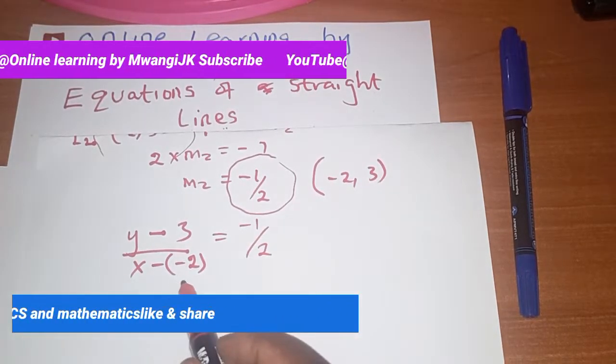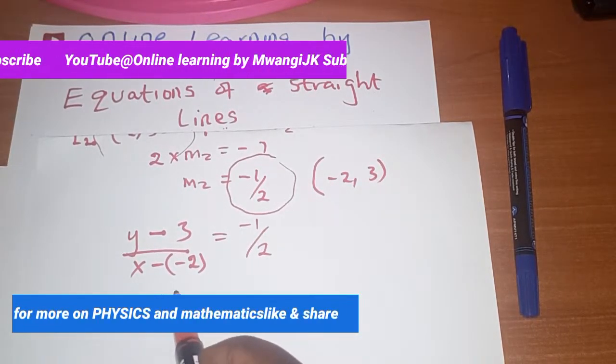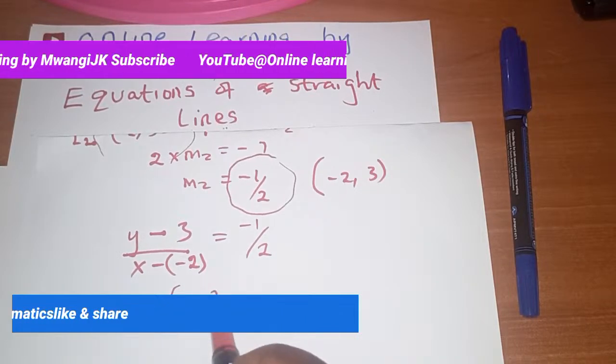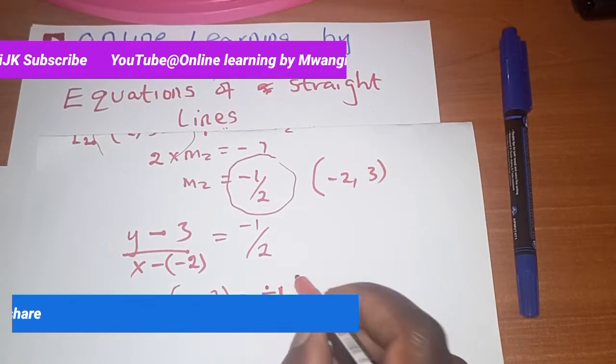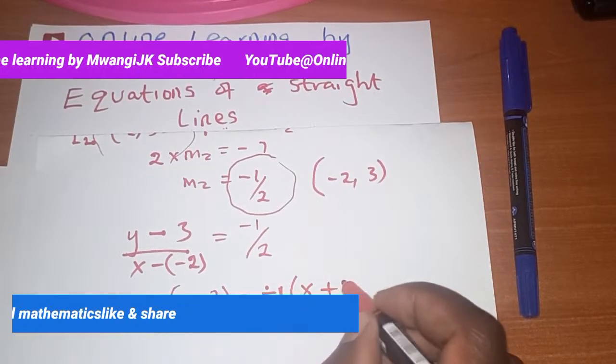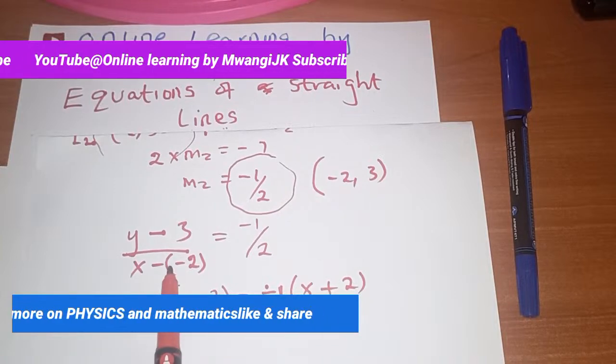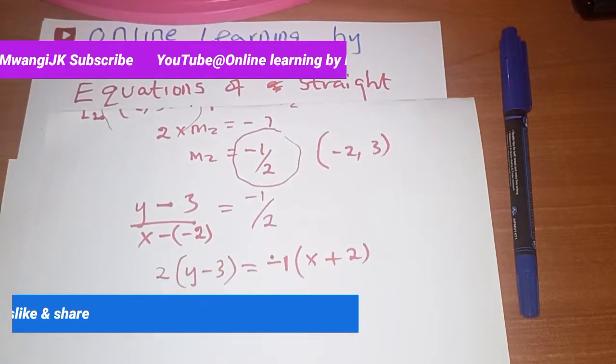So cross multiplying, we get 2 into (y - 3) is equal to -1 into (x + 2). Minus will be plus.